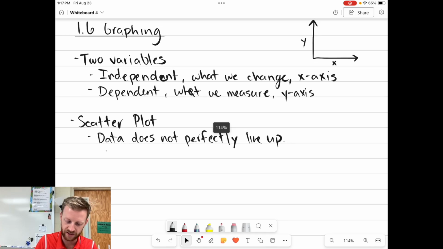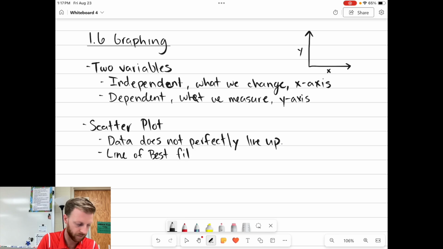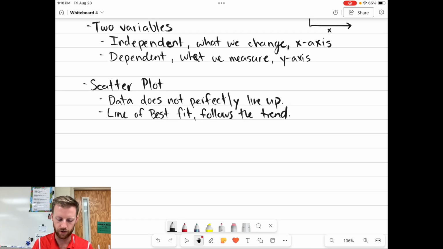And so what we do instead is we try for a line of best fit. And a line of best fit simply follows the trend. So a couple of graphing examples that we're going to go through are the types of relationships we're going to look for.